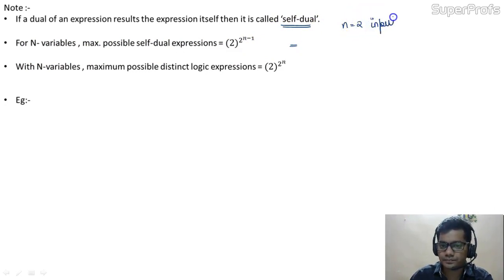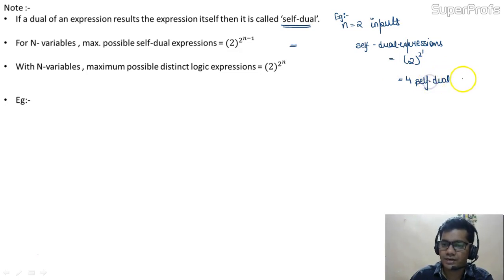So write these points, and in the next sentence write as an example, we are taking n equals 2 inputs. The number of self-dual expressions would be 2 raised to power 2, that would be 4 self-dual expressions.